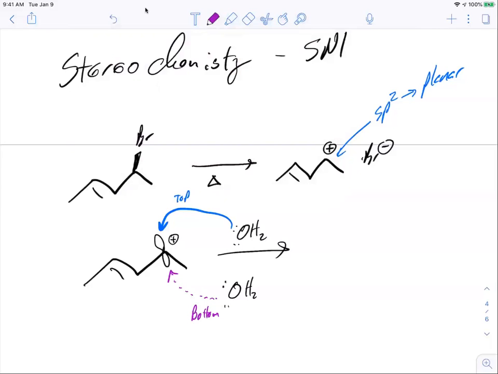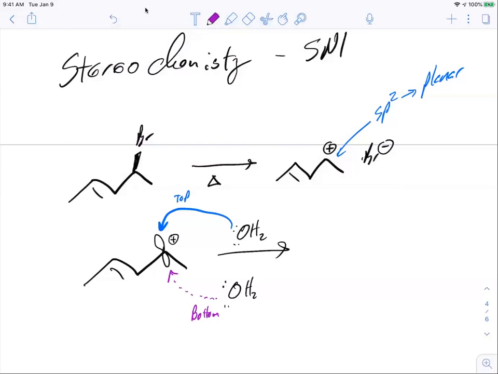And if the structure is simple like this one, there's not going to be a real difference between the top face and the bottom face. Especially in biological molecules, you have very complex structures, and one of those two faces could be blocked out, not by the carbocation, but by what else is around there. So you could have a substructure underneath that carbocation which really blocks that other face, which means I'm only going to get attack at one side.